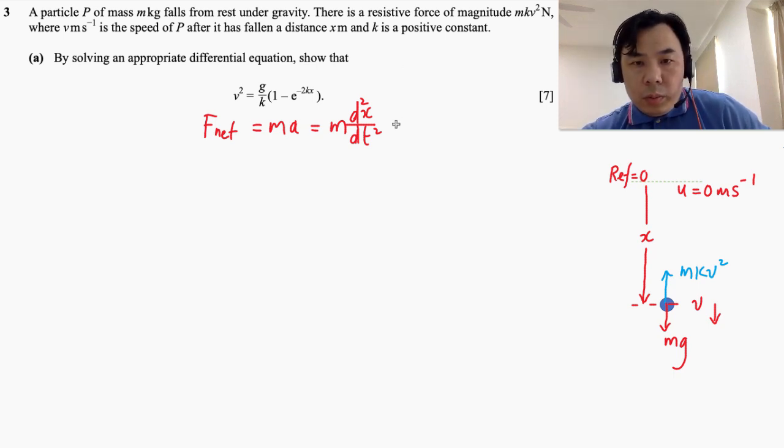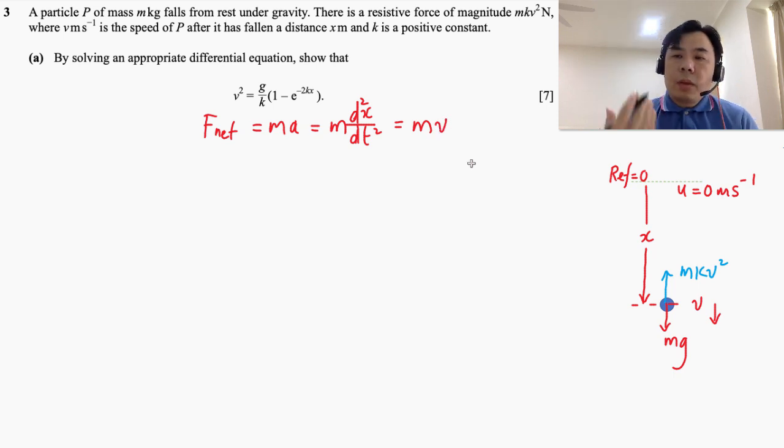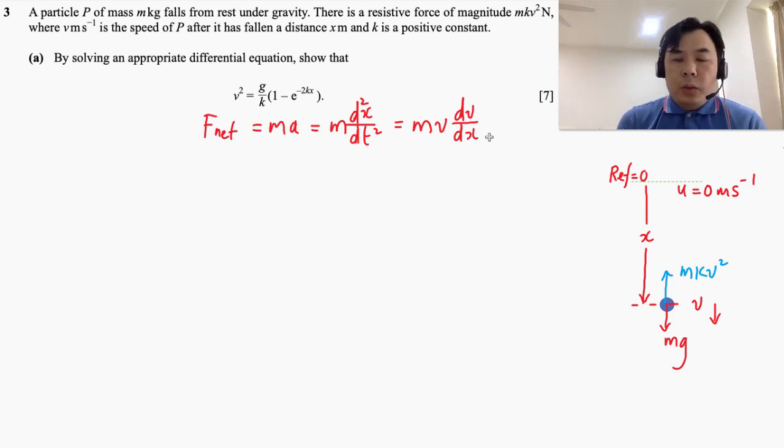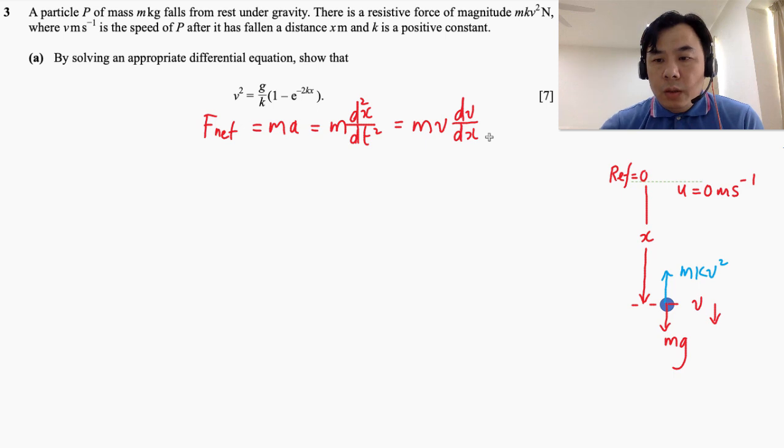So therefore, you might want to obtain another differential form, which is given by v dv/dx here. Okay, now that is also another version of Newton's second law, right? So from here, the resultant force is given by, because it's falling downward, therefore, I'm going to write that as mg minus mkv squared.